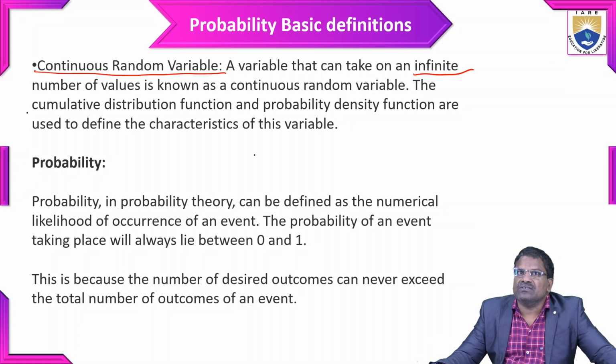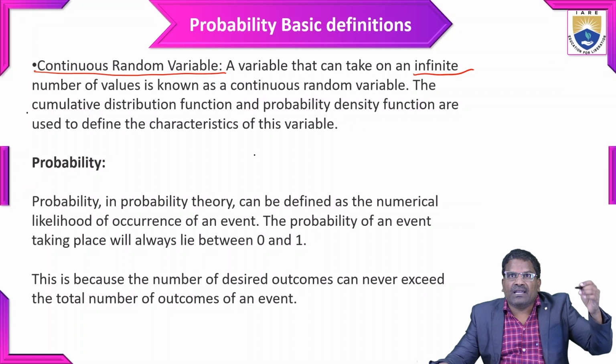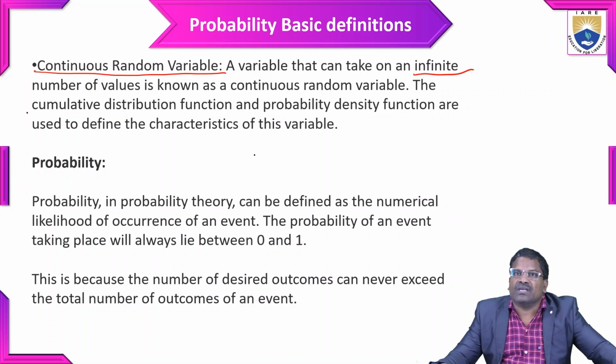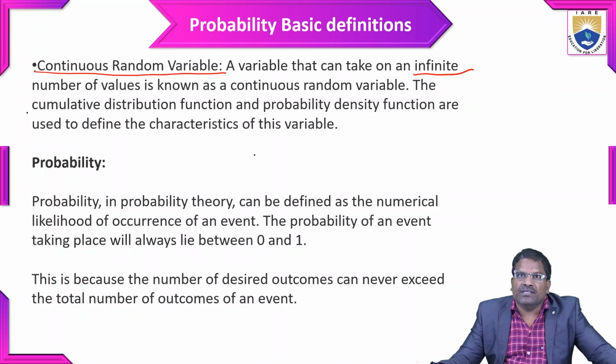That's why the continuous random variable lies in an interval or some range. The cumulative distribution function and probability density function are used to define the characteristics of this continuous random variable.